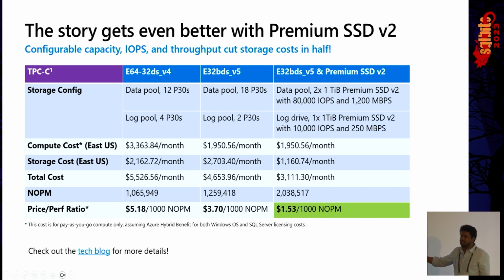This is a benchmark that we have got, and when we ran it, we were confident. We also ran a benchmark against AWS's best VM, and we beat them by a good ratio. Now we can clearly say that with these two, Ebdsv5 and Premium SSD V2, Azure has the best price-performance to run SQL Server on any virtual machine. Cool?